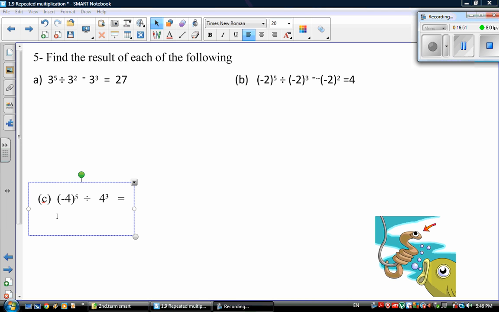Exercise number C. Negative 4 to the power 5 divided by 4 to the power 3. Here we have different bases. Let's try to get equal bases. Look at the base.